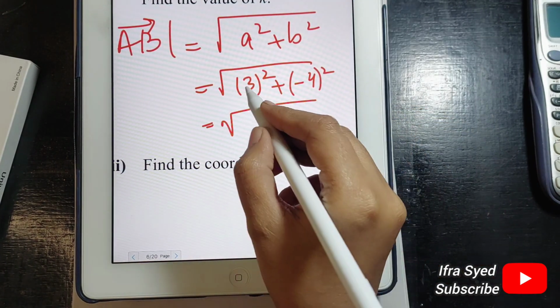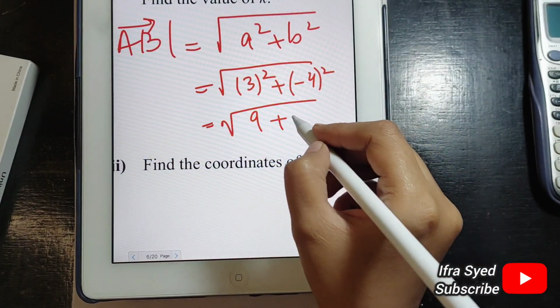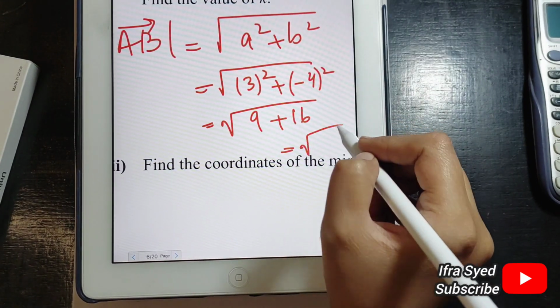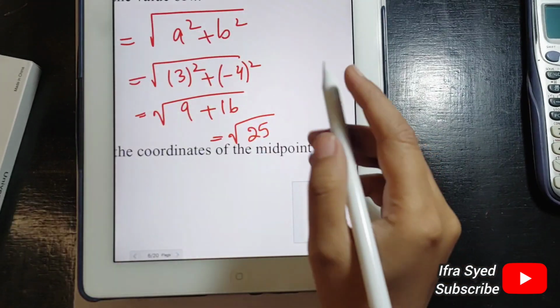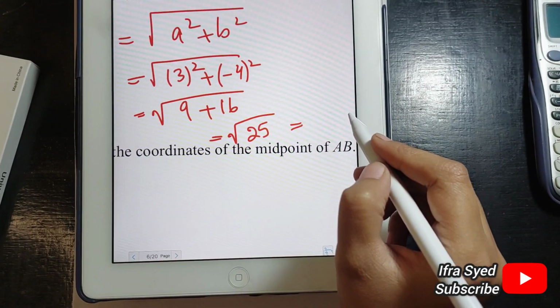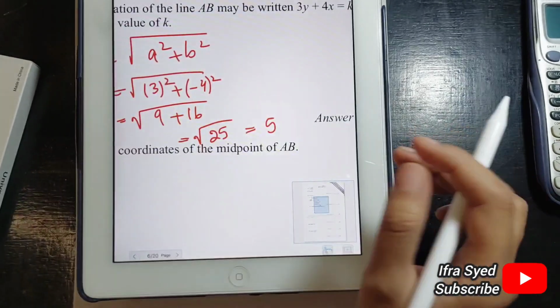So it will be 3 square is 9 plus minus 4 square is 16. When we add these two, our answer will be 25, and the square root of 25 is 5. So the magnitude is 5.